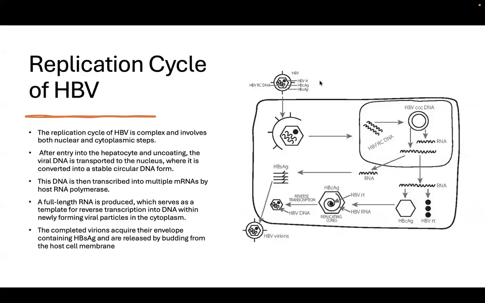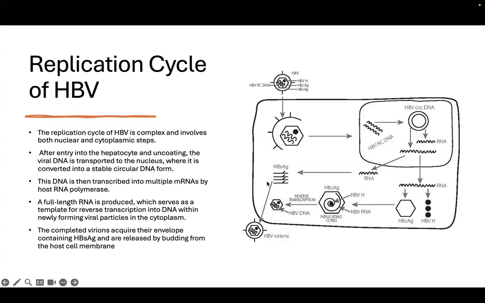So as I said, the whole cycle is that once it comes in, it's going to bind, release its capsid, and then release its partially double-stranded DNA. It's going to fix it, produce mRNAs, and one of the RNAs that it produces is used to create your DNA, its hepatitis B genome.